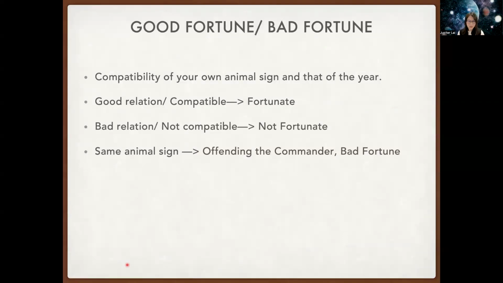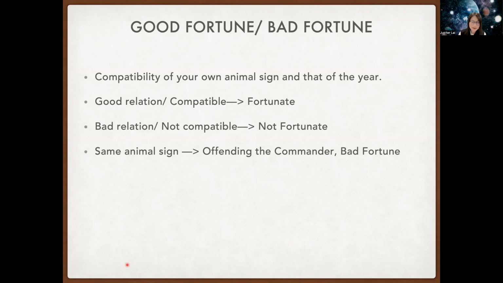Okay, so here we are going to check whether you have good fortune or bad fortune in a particular year. How do we do that? We have a very, very simple way. Of course, just like the sun sign, we use the animal sign. If you want to check whether you are having good fortune or bad fortune in a particular year, you need to see whether your animal sign is compatible with that of the year.